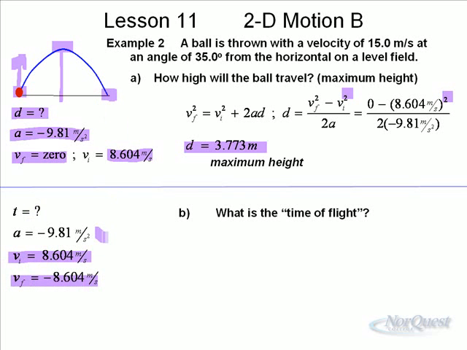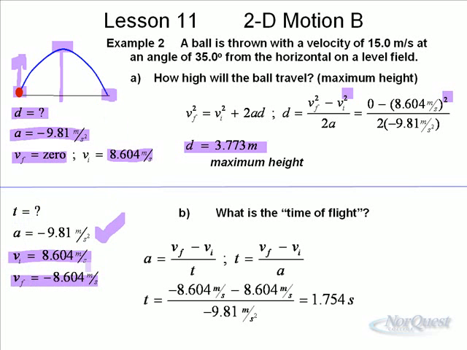This change in velocity is caused by gravity, and of course we can use a simple algebraic expression. A is equal to Vf minus Vi over t. Isolate that for t by just dividing both sides by A and multiplying both sides by t, and you get t is equal to Vf minus Vi over A.